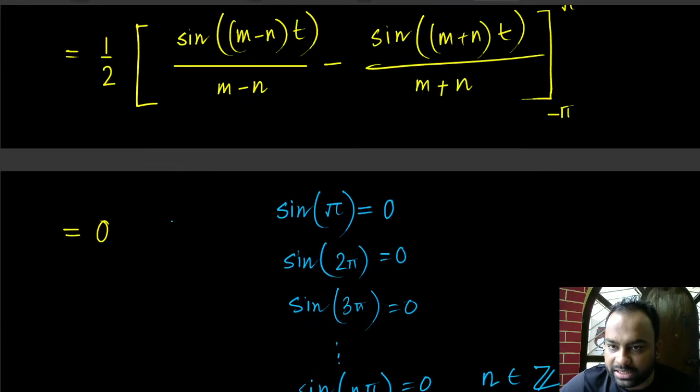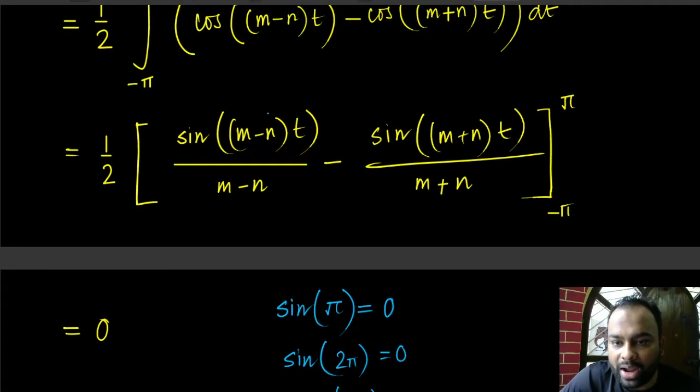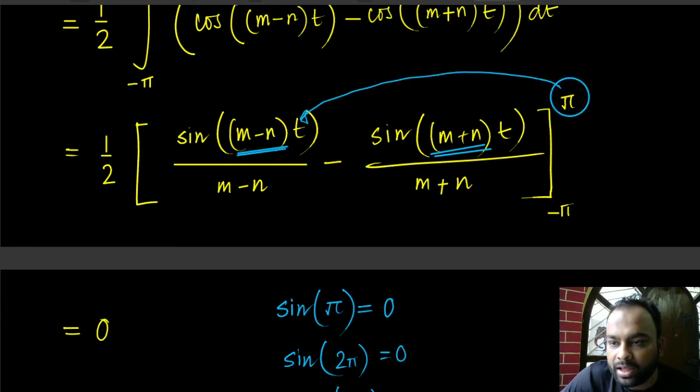And because of this, look at this one. What do I have? If I put the upper limit and lower limit, what do I get? If I put the upper limit, I get sine, and then this is an integer, and again this is an integer. So if I put pi in place of t, we would end up with integer multiples of pi inside sine, and sine of n pi is 0.